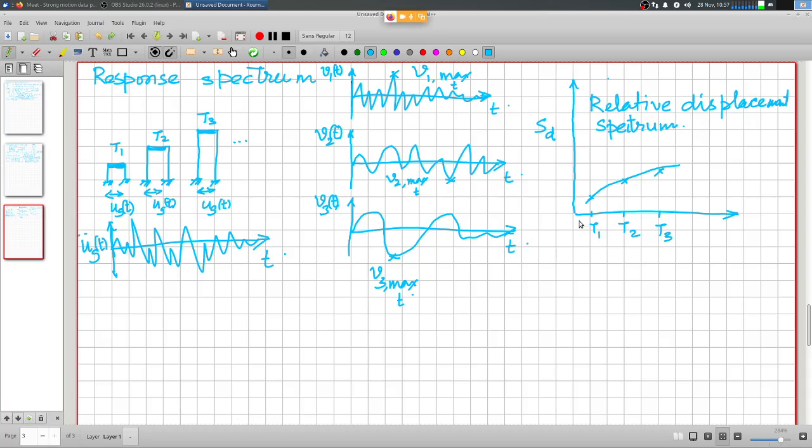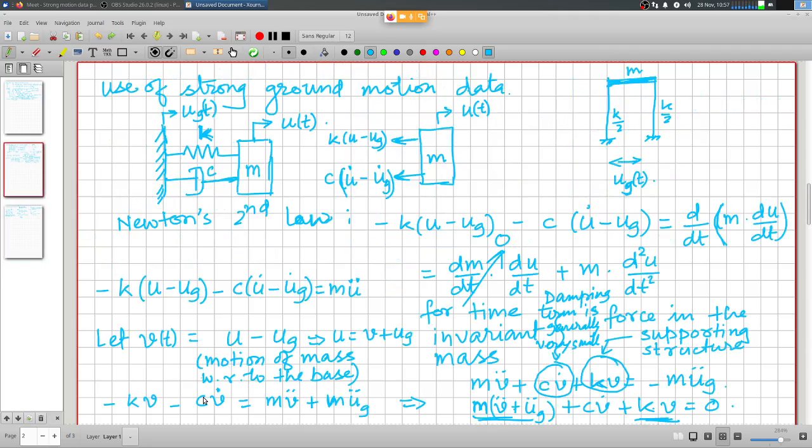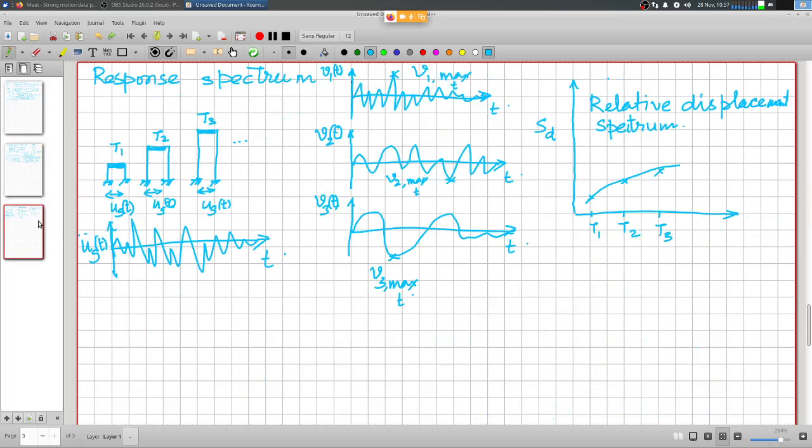So the importance of this is, whenever we have this ground acceleration, now coming to the strong motion data processing part, if I have this ground acceleration data, I integrate the equation of motion for this ground motion data and compute the response for different natural periods.